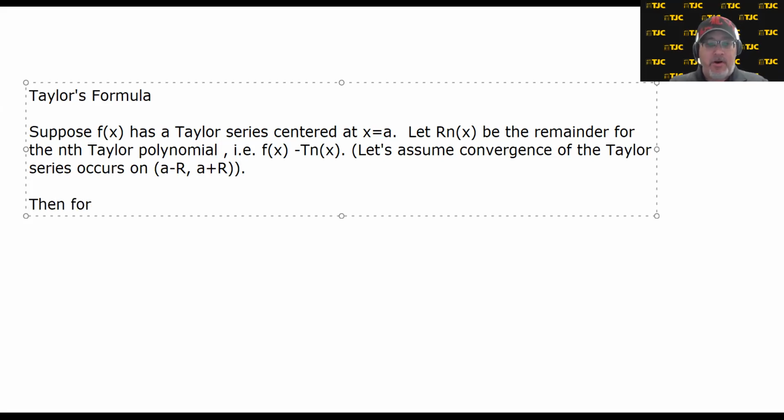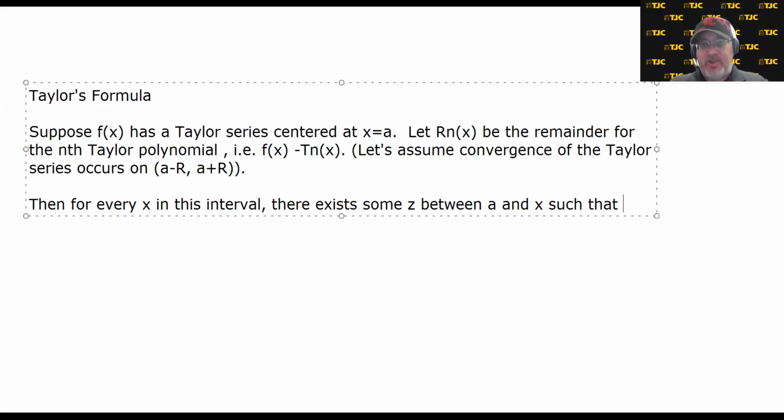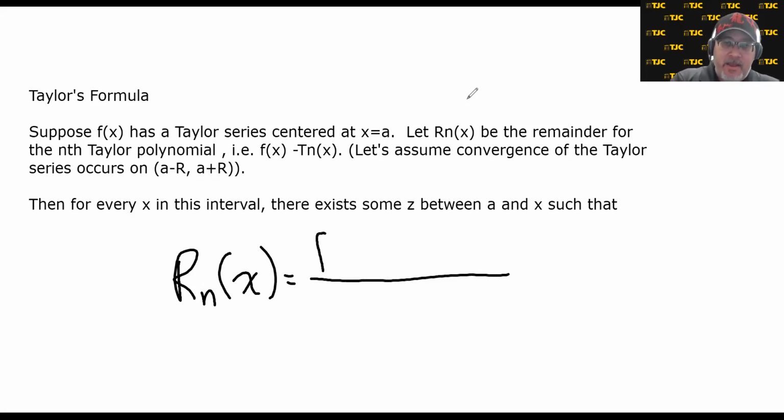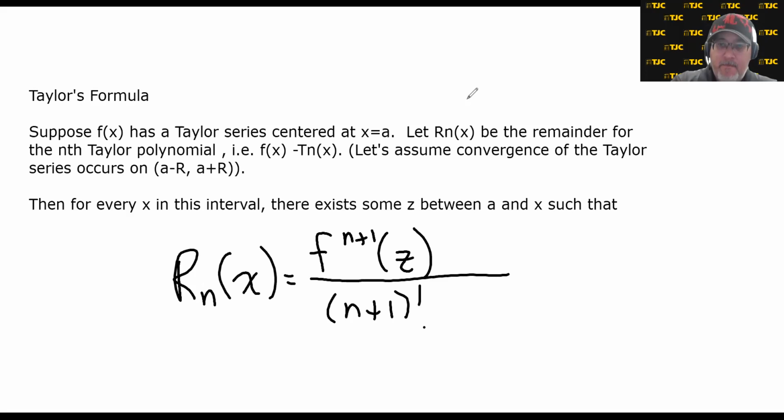Then for every x in this interval, there exists some z, so here comes a new number, between a and x, such that, and here comes Taylor's formula, the remainder evaluated at x is equal to the (n+1)th derivative evaluated at z, over n plus 1 factorial, times (x minus a) to the n plus 1.